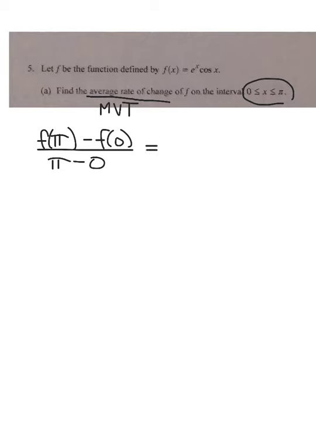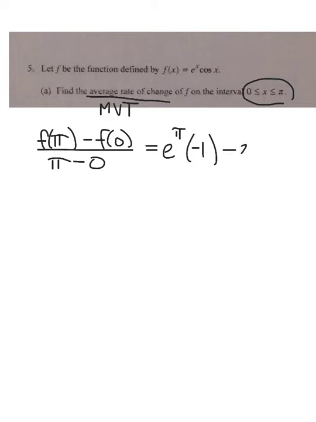Now, f of pi, just remember, pi is 180, and you're going to put that into that equation. All right, so we're going to do e to the pi times the cosine of pi, and the cosine of pi is -1, minus f of 0.